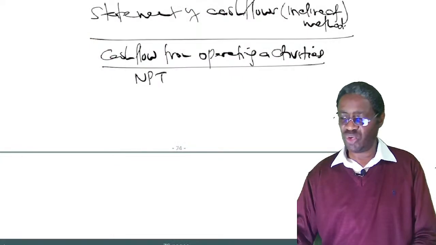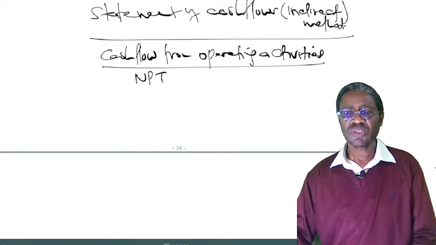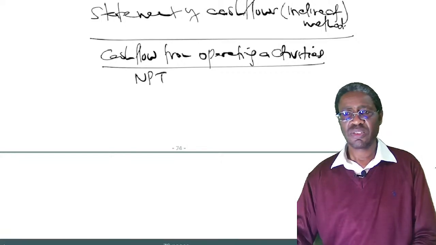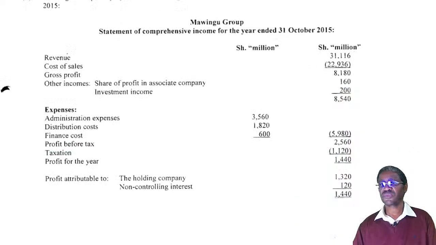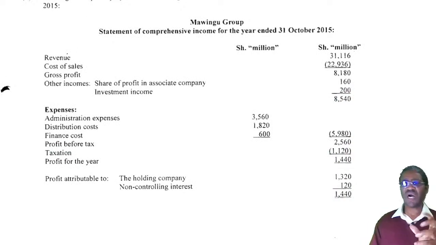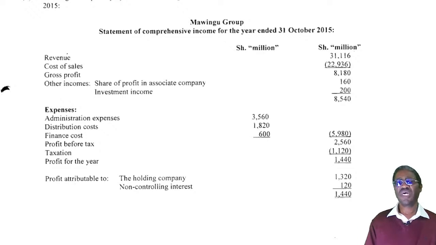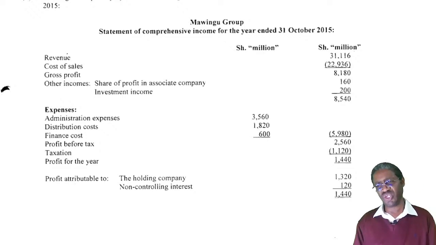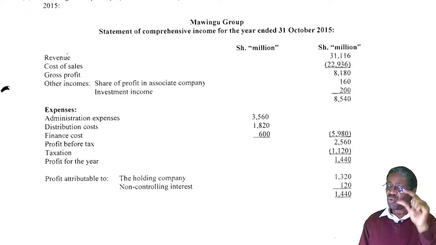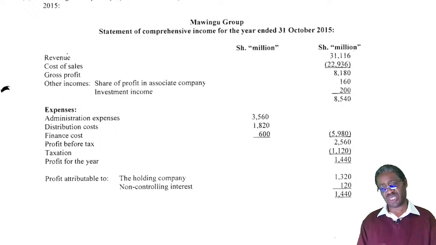We pick from the question how much was the profit before tax. Yes, so this was our income statement. And from this income statement, we normally go and find out what is the profit before tax.